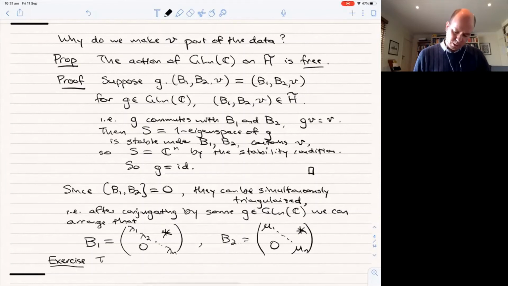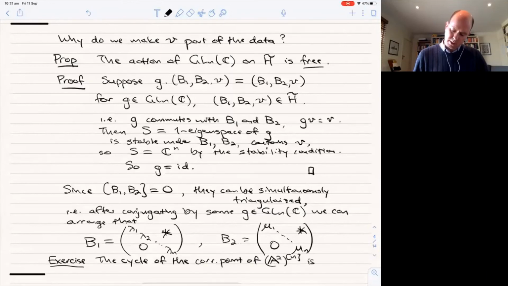The cycle of the corresponding points of the Hilbert scheme is then obtained by just reading off the diagonal entries as pairs.